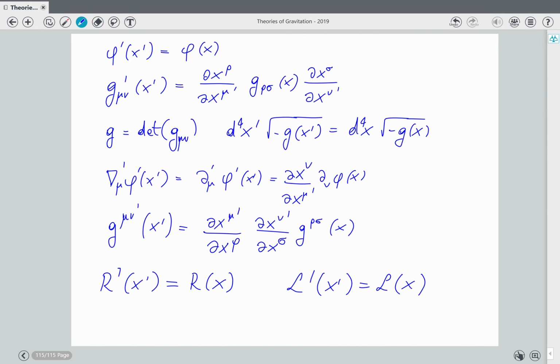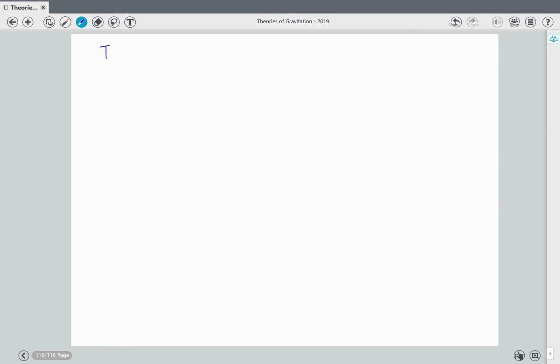Now, this of course is not the only action you can write. There are infinitely many terms you can add. I can write some examples.